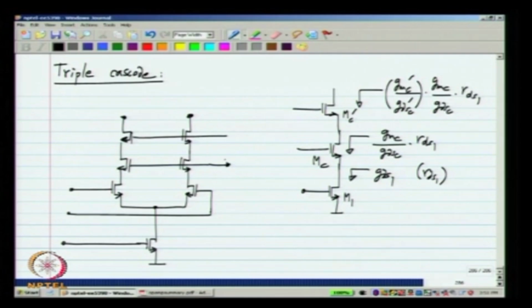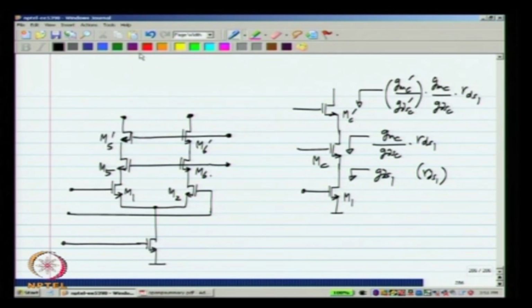So, this is a diff pair with 2 cascodes. We had M1, M2, M5, M6 earlier, and let us say I call it M5 prime, M6 prime, and similarly on top I need to have a current source with 2 cascodes. There is no point improving only one side when both sides are contributing to the output conductance.